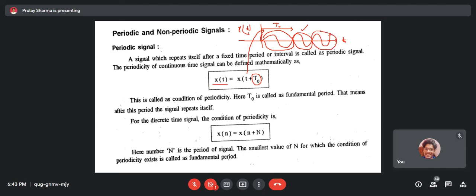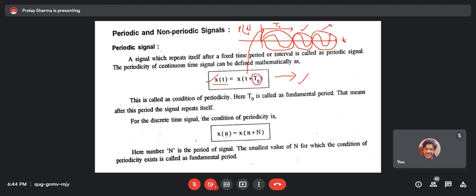Again after T0 time, we will get the same replica of the signal. So the mathematical equation of a periodic signal is x(t) equal to x(t plus T0). This is in continuous time, for an analog signal.